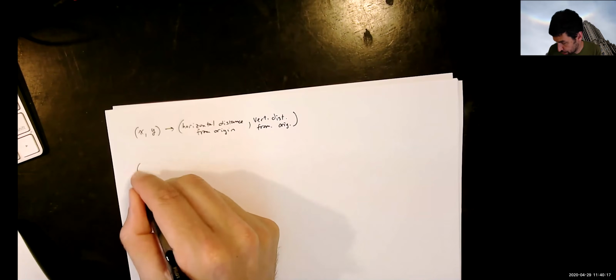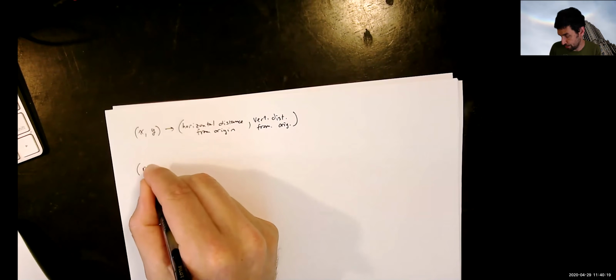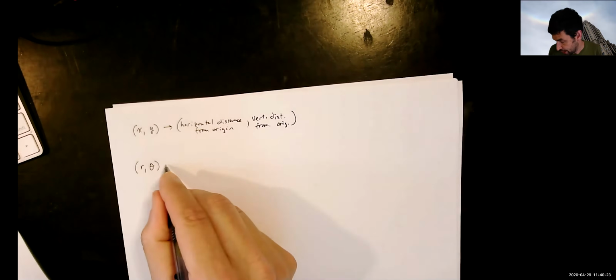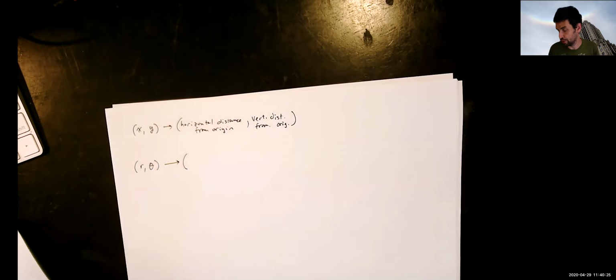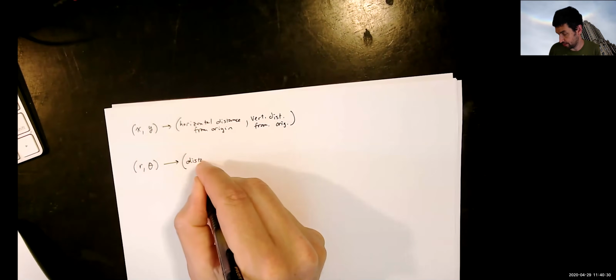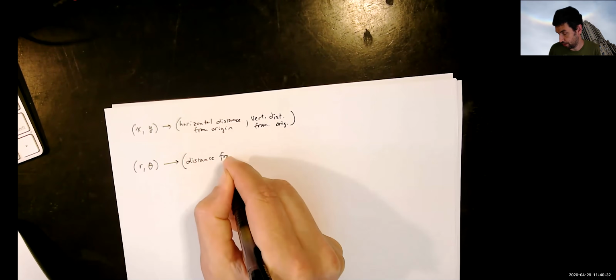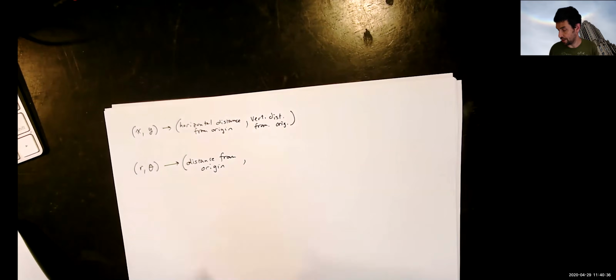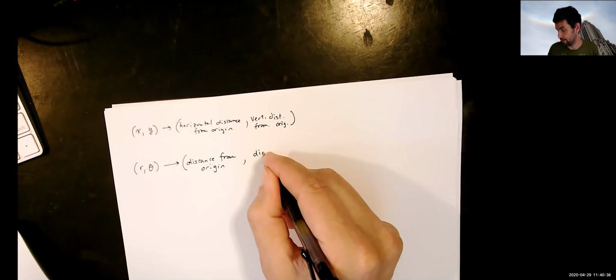So with polar coordinates, we still get two numbers. We usually use r and theta for these numbers. And instead of telling us the horizontal and vertical distances, what r tells us is the distance from the origin, and theta tells us the direction.